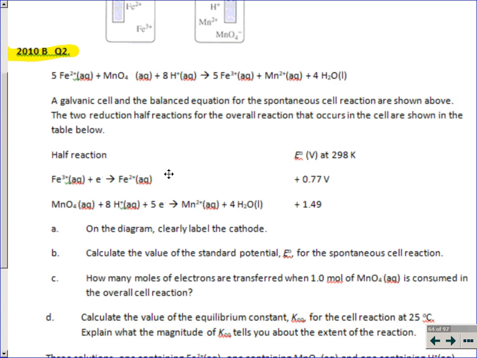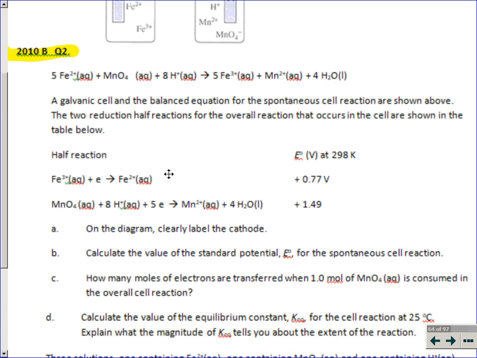Remember, it's E cathode, the reduction side of redox, minus E anode, the oxidation side of redox. And so what's that when you subtract? Yeah, 0.72. I agree with you.